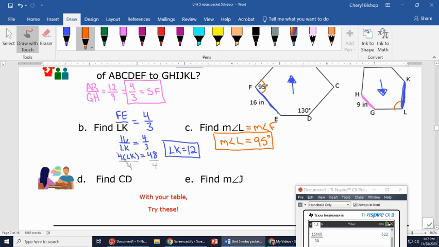So those are just going to be equal. About 1 more minute.